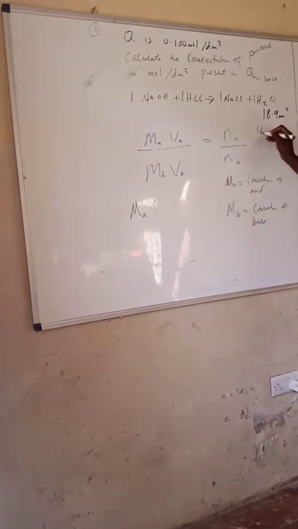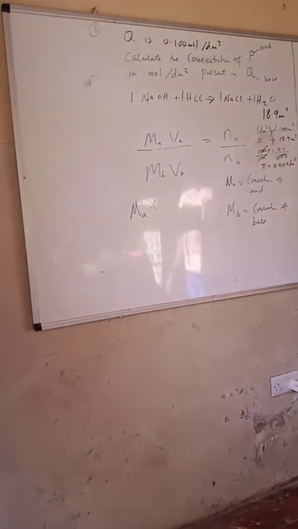So 1 cubic decimeter is equal to 1,000 cubic centimeters. You cross multiply. I taught you how to convert this. You have to convert all the time. Divide by 1,000, and that will be 0.0189 cubic decimeters.